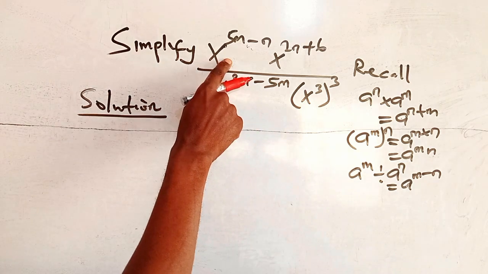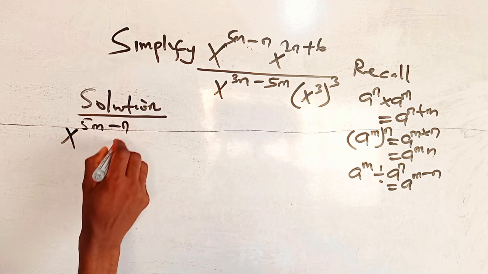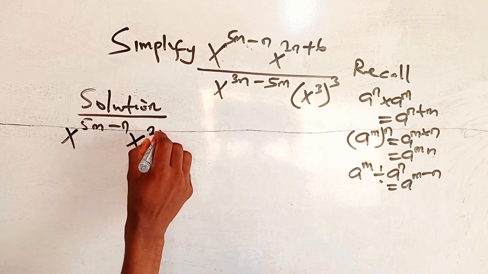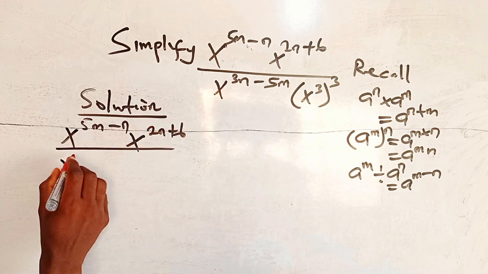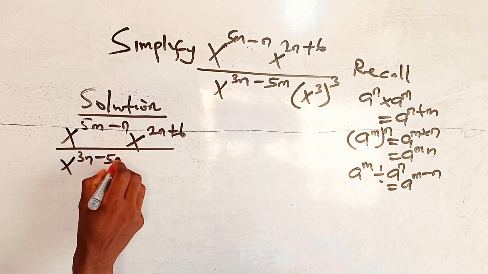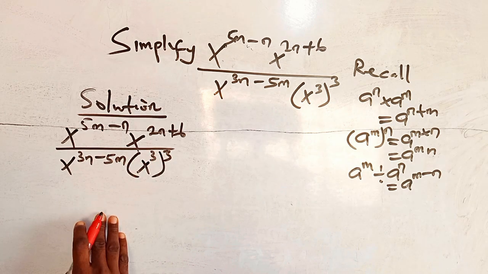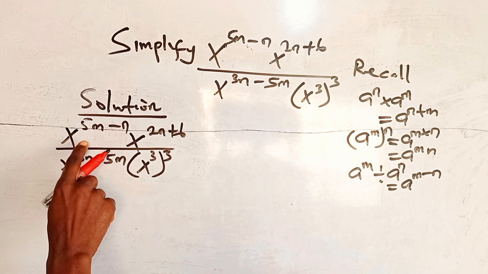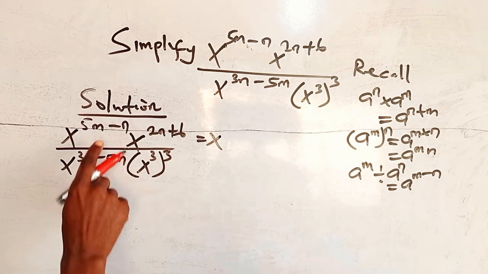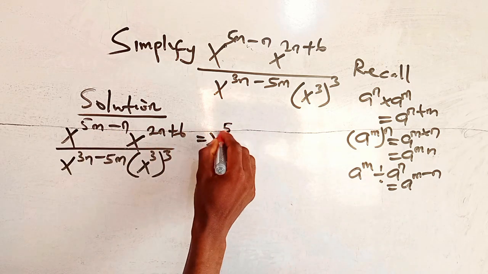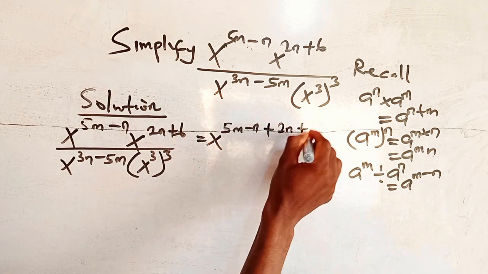From the numerator, we have x raised to the power 5n minus n times x to the power 2n plus 6, over x to the power 3n minus 5n times x to the power 3 to the power 3. At the numerator, since we have equal base, we pick out one base and add the powers, so we have 5n minus n plus 2n plus 6.